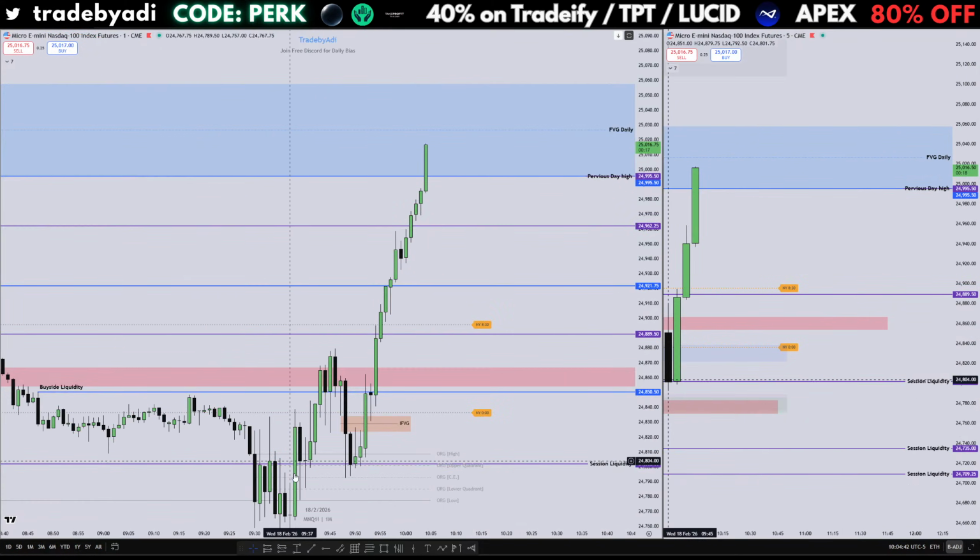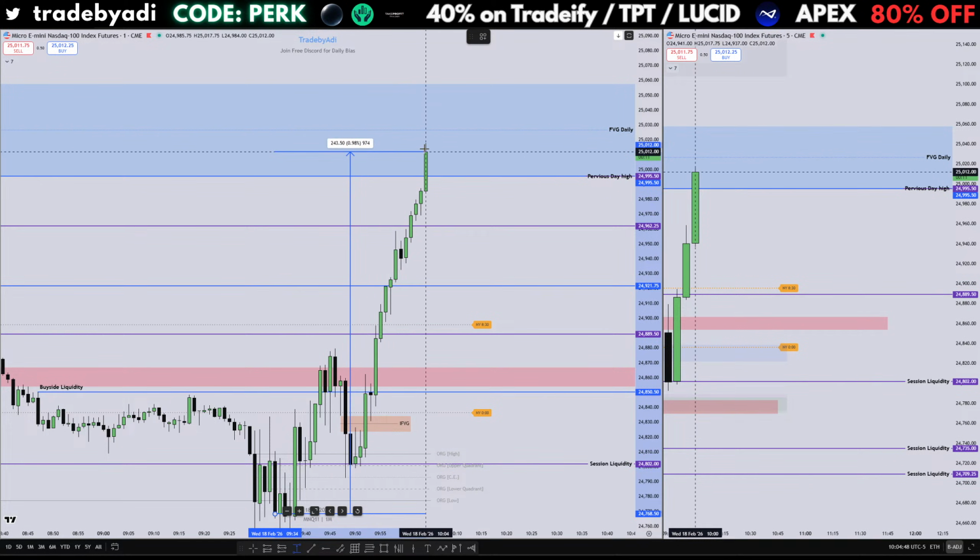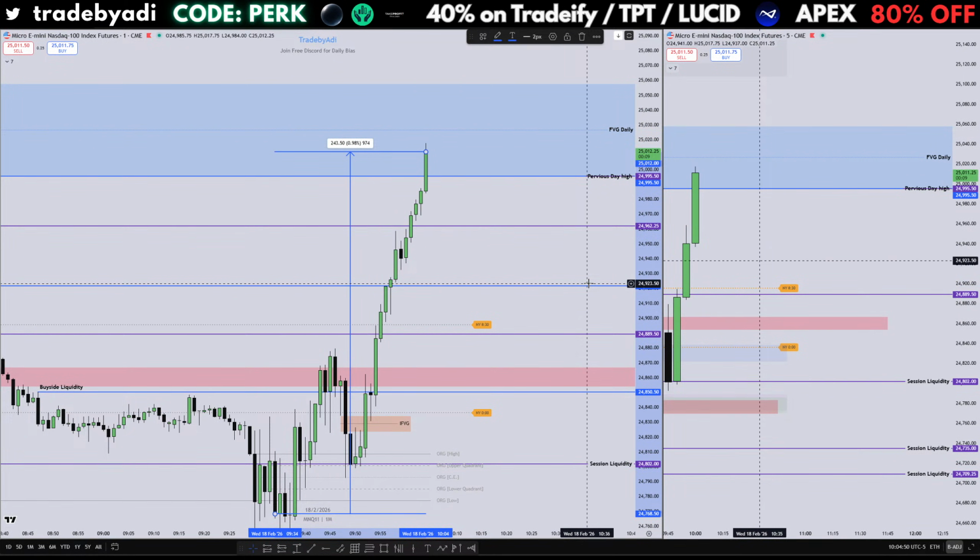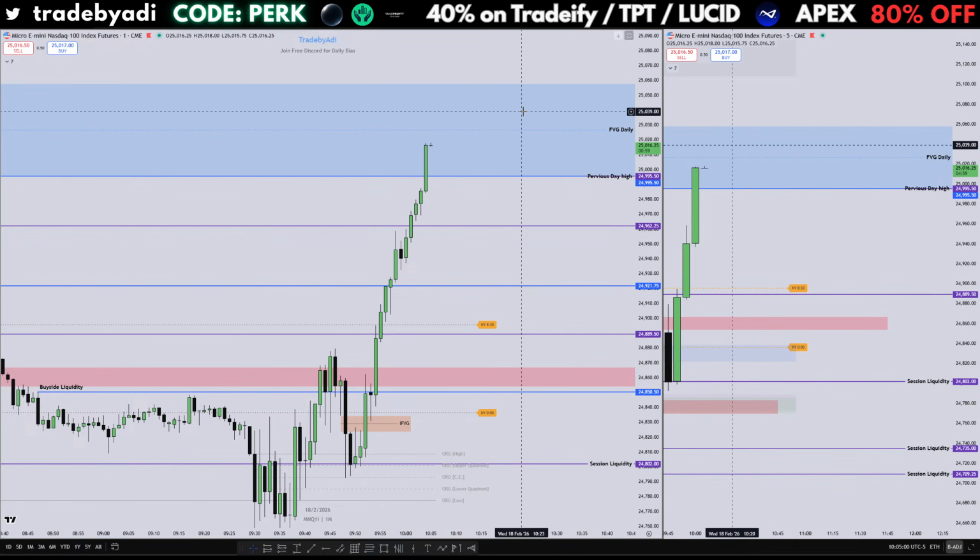Because price has already moved almost how many points? 240 points. So most of the time the AM session is moving 100, 200 to 400 points.